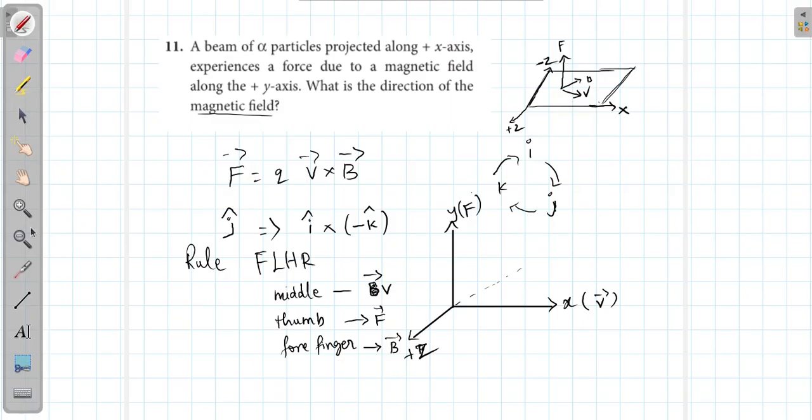Therefore, in this particular direction we get the negative z axis. Here our magnetic field points in this direction and velocity in this direction, with 90 degrees between them, so perpendicular to v and B we get the force. It is based on Fleming's left-hand rule, or otherwise the right-hand curl rule, in the direction of the z axis.